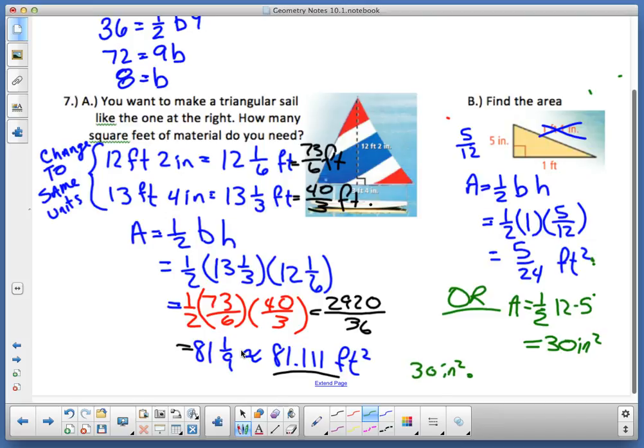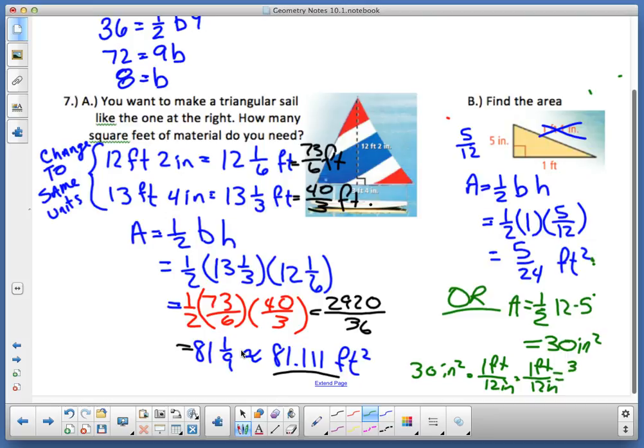Okay, and remember, there is 1 foot for 12 inches, and there's another foot for 12 inches for changing our units back into feet squared if I wanted my area in feet squared. And that's 30 divided by 144.